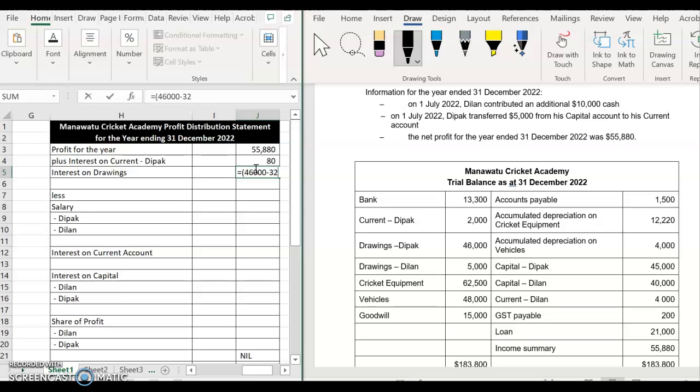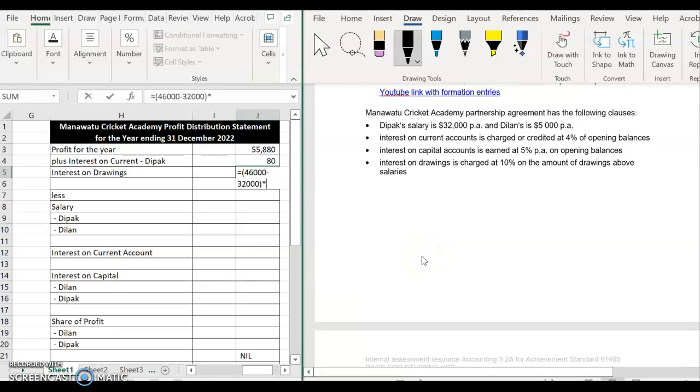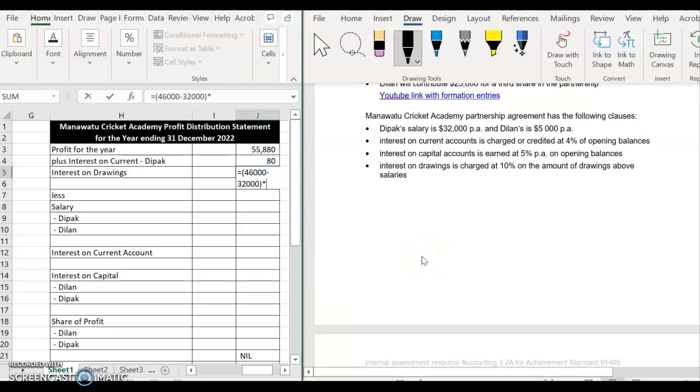His salary was 32,000. I'm going to multiply that by interest on drawings, 10%. Quite a large penalty, that one. Or as we like to say, a big discouragement. And then we're just going to add those up.